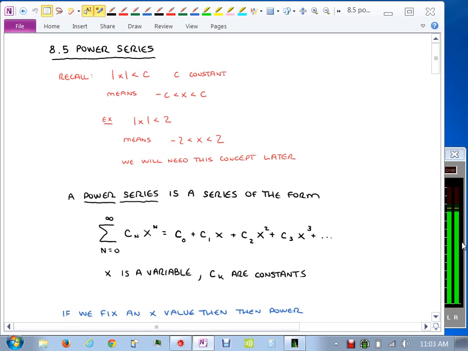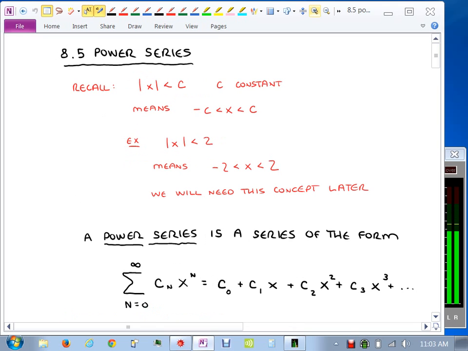Okay, let's talk about Power Series. I printed you the notes so you don't have to write all this down. Before we even begin, I need to make sure everyone remembers what an absolute value means.